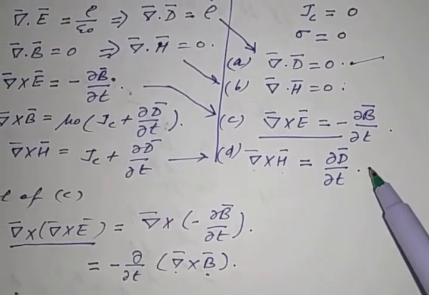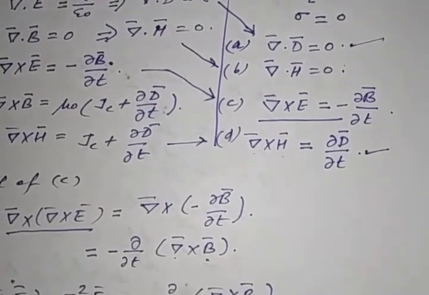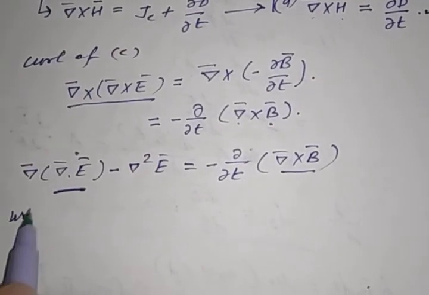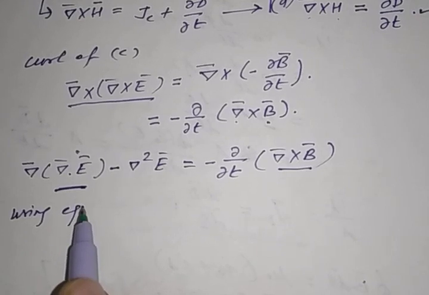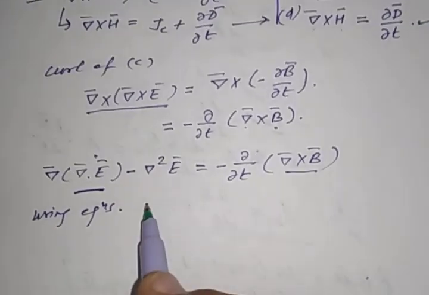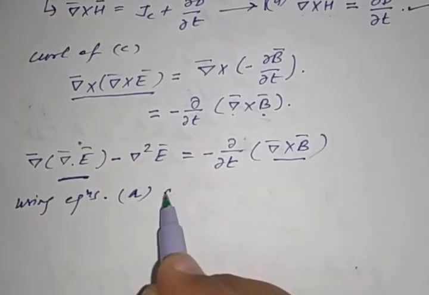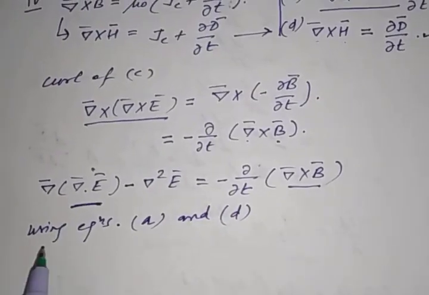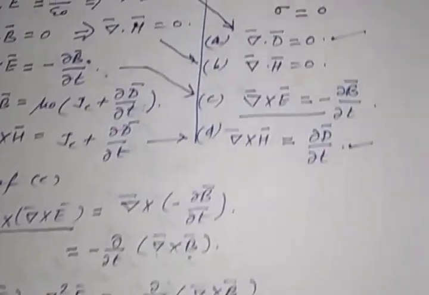Equation A and equation D. So we'll use these two equations here. So using equations A and D, we'll put the value of del dot E, which is available here, as 0.